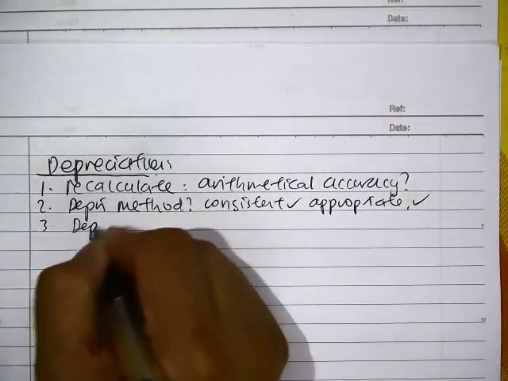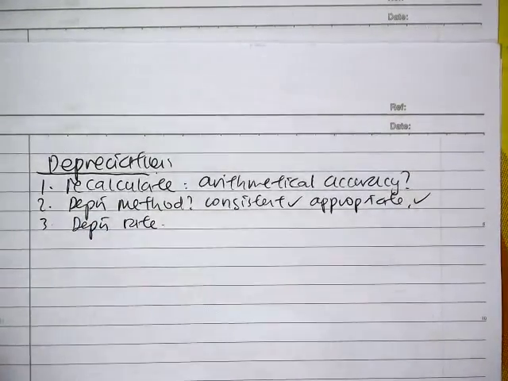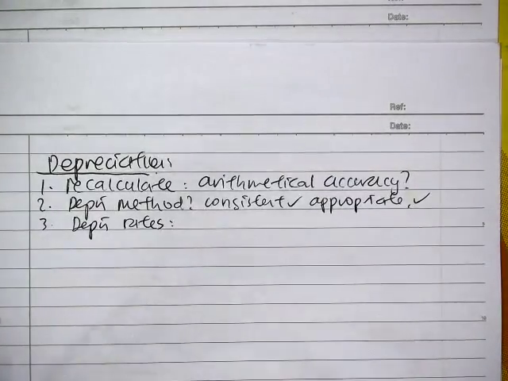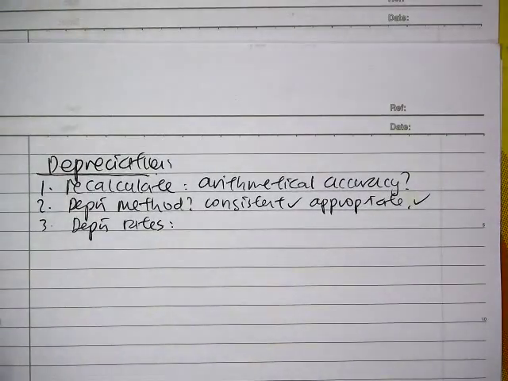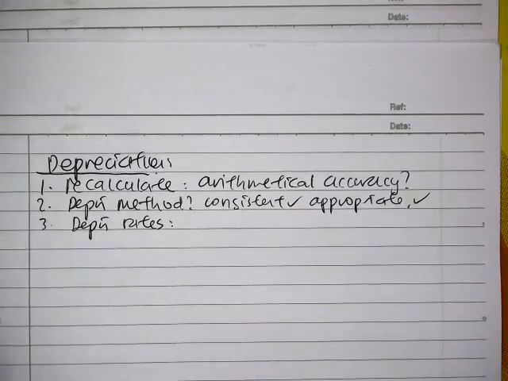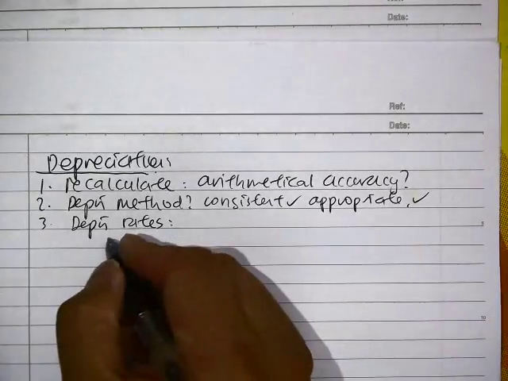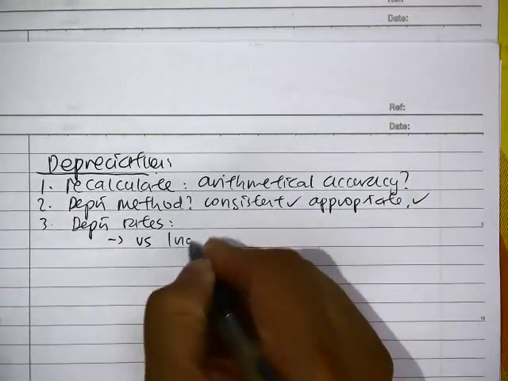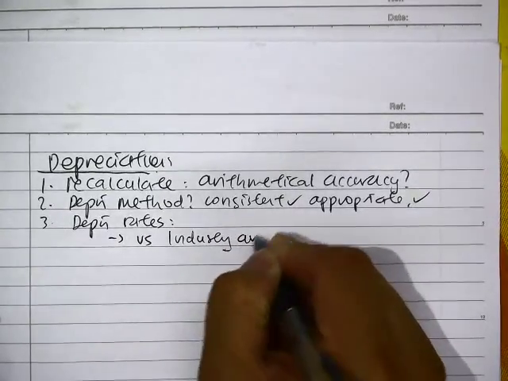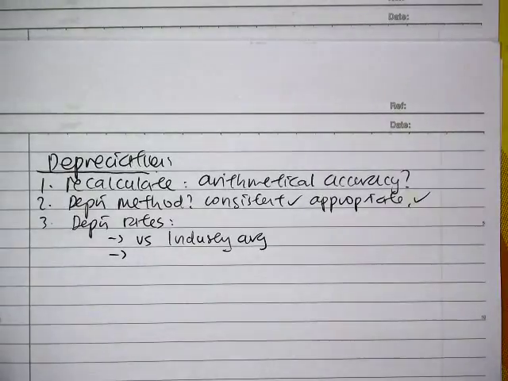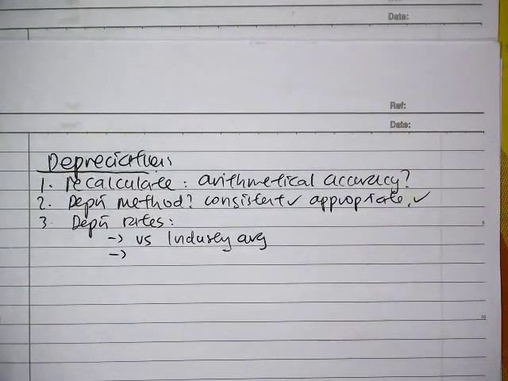Because the depreciation rates, so we find that rates, now these are accounting estimates estimating the economic useful life of your asset. So do you think that rates used are appropriate? Now what you can do is you can consider, for example, compare the rates with industry average. Okay, compare it with industry average.